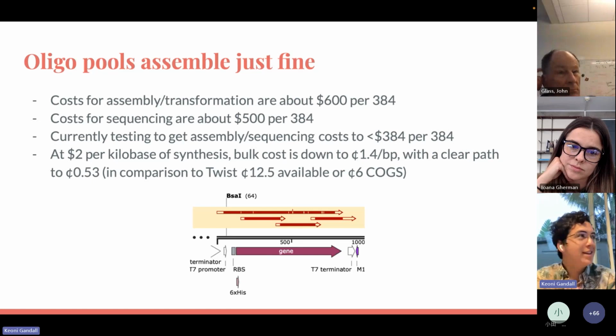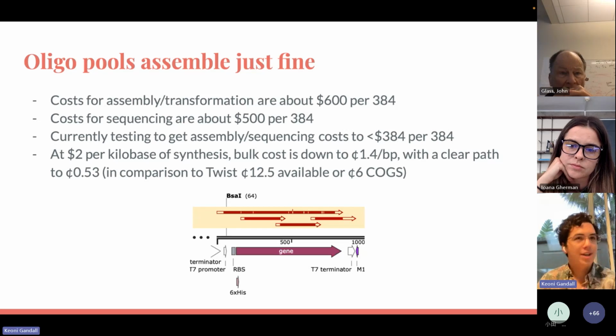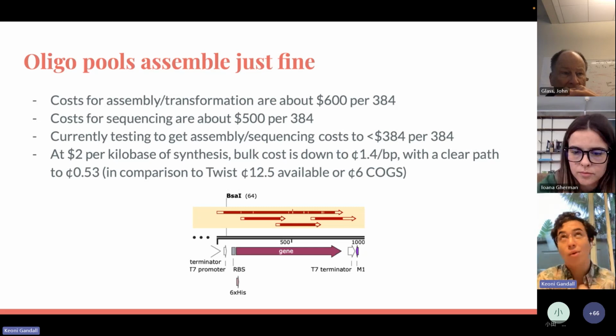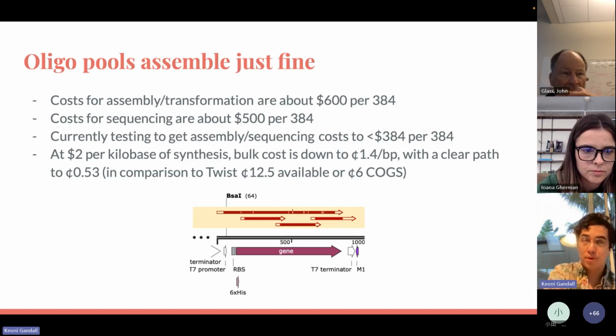It's taken months to really nail how to build all these oligo pools in bulk to actually get the genes, but I'm just about there. The costs internally are about $1,100 for me to do 384, and I'm testing techniques to get that down to less than that.